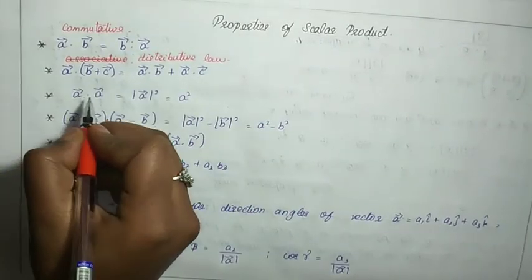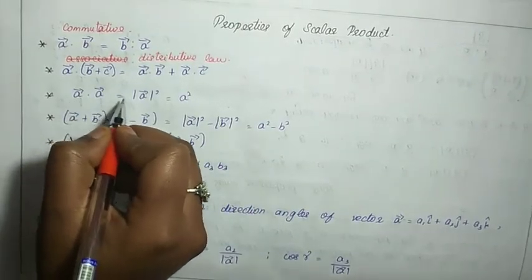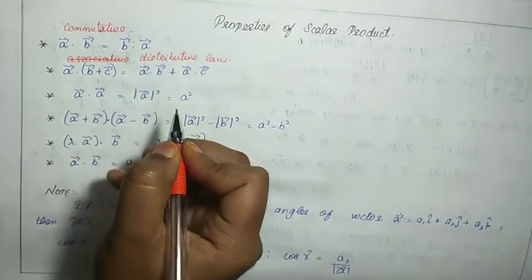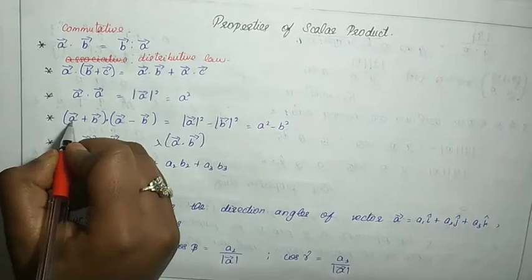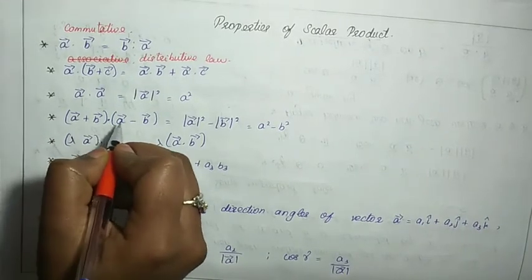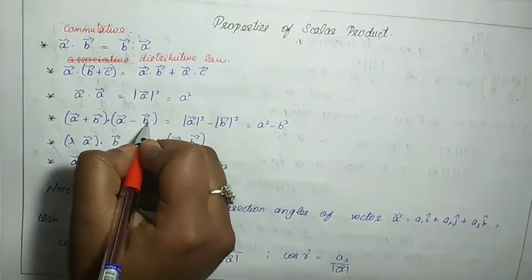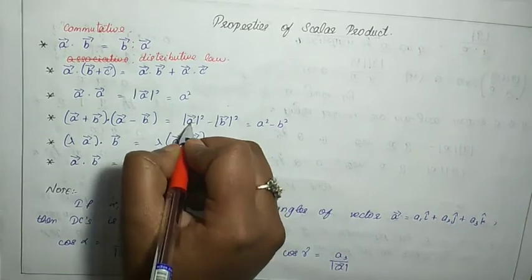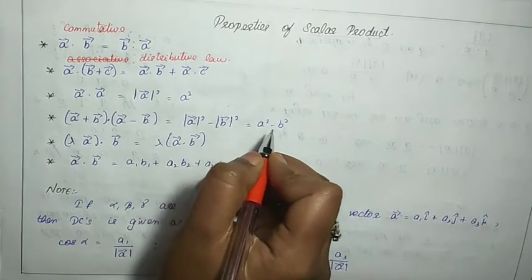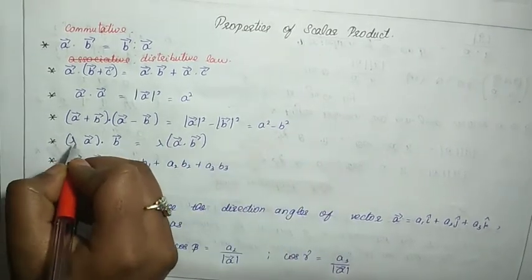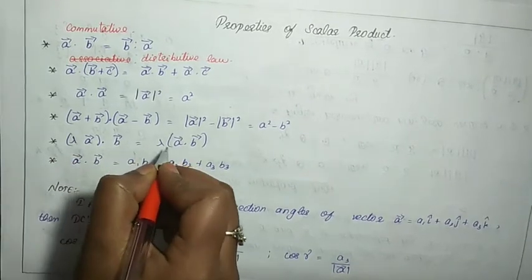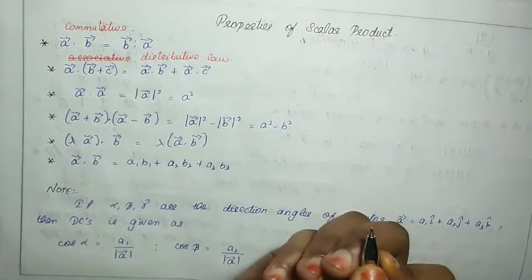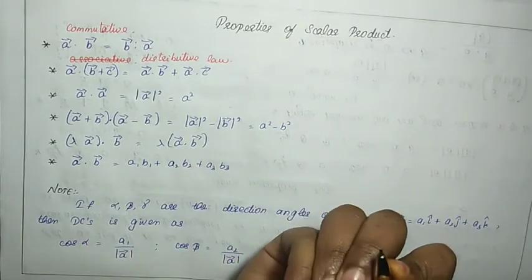If we multiply the same vector, it is the mod square of that vector. So a vector plus b vector dot a vector minus b vector equals a vector square minus b vector square. Now, multiplying a scalar into a vector dot b vector is scalar into a vector dot b vector.